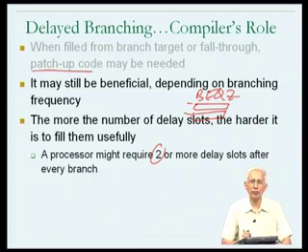Okay, we will continue from this point in the lecture that follows. Let me just remind you that in this lecture we have looked in some detail at the hazardous problem of control hazards, which arises from the execution of branch instructions, conditional branch instructions.